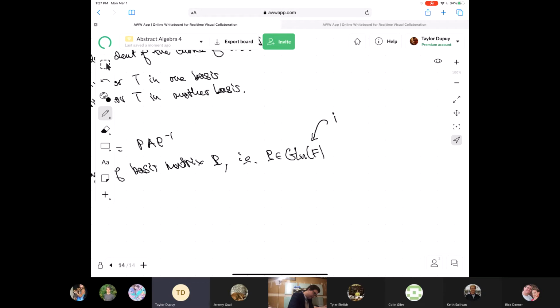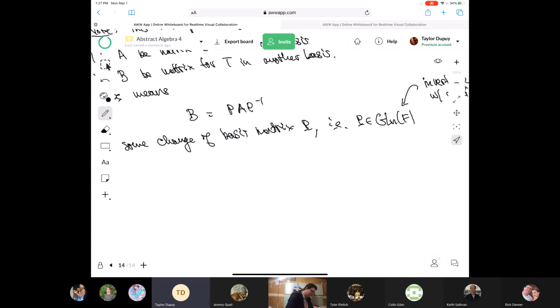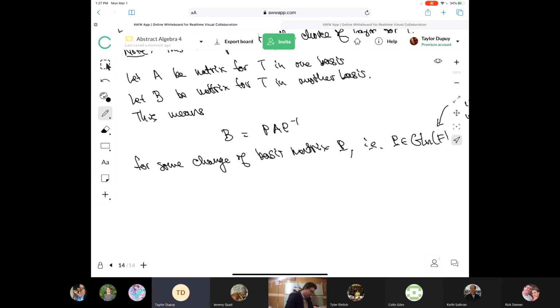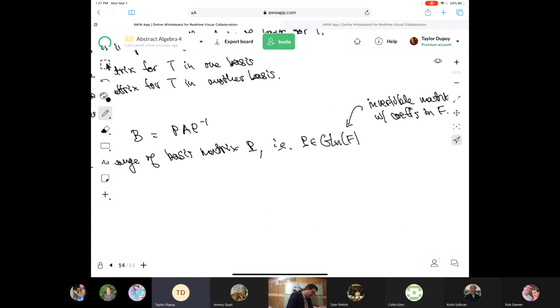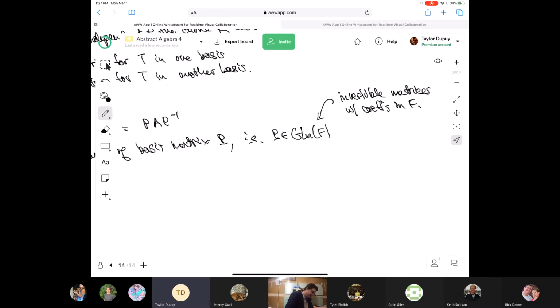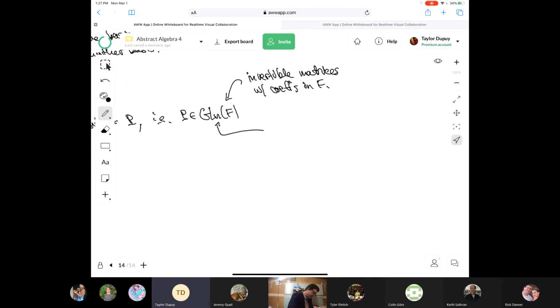I just want to remind you that this is the general linear group, the invertible matrices with coefficients in F. Here n is the dimension of V.